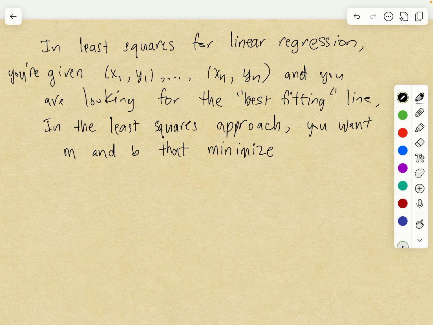So that would be y1 minus (mx1 plus b). So mx1 plus b is in parentheses, right? That's your estimated y value. You subtract it from the y value, you square it, and then you sum up over all the y values.